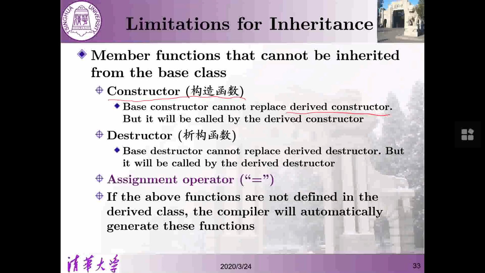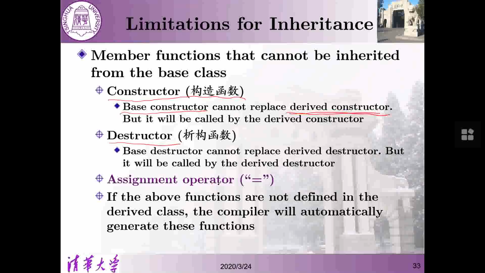There's no way to do that. This doesn't mean that we cannot call the base constructor. We can still call it, but we cannot use it directly as a derived constructor. Similarly for the destructor, we still cannot directly use it for derived objects.